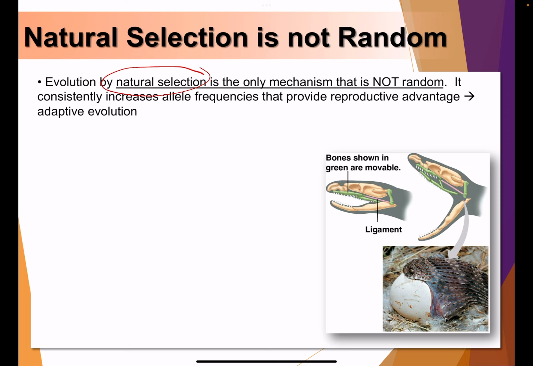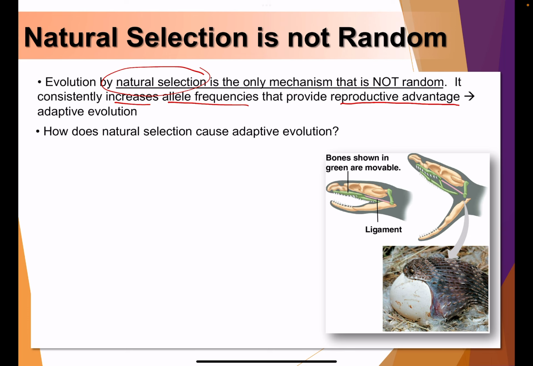You cannot predict it. And gene flow is also kind of random. Natural selection is the only one that consistently increases the frequency of alleles that provide a reproductive advantage, which means this is what produces what we call adaptive evolution.